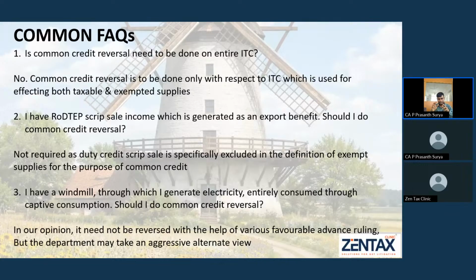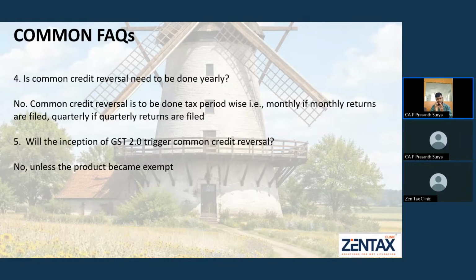So once you accept the common credit reversal, you are accepting that too. Even if you are not accepting it in the same notice, if you are making your grounds in the notice, it means that if you accept the common credit reversal, you are accepting that AMC reversal and ITC reversal also. So that should be strongly contended.